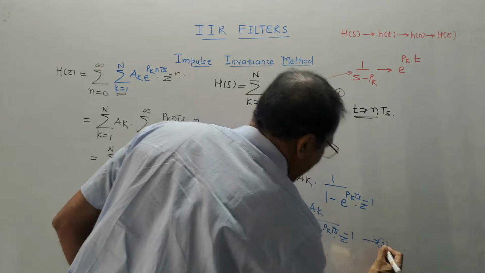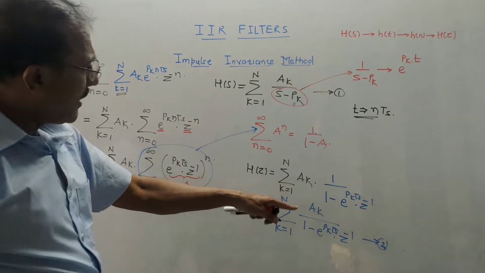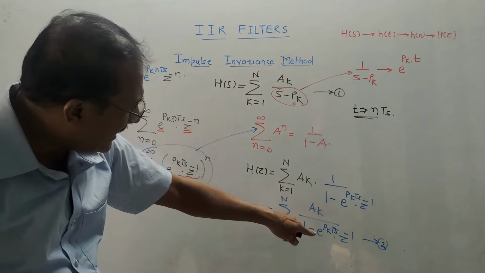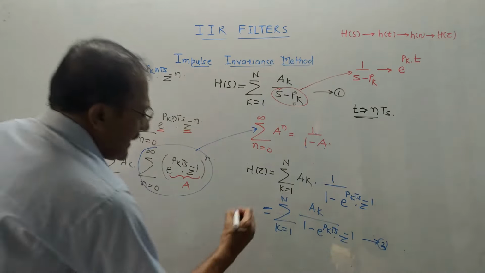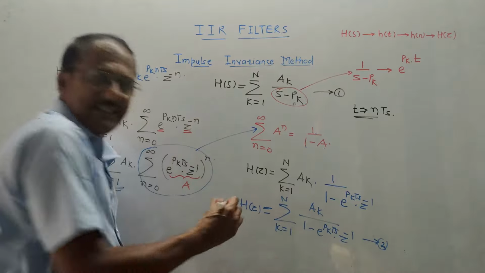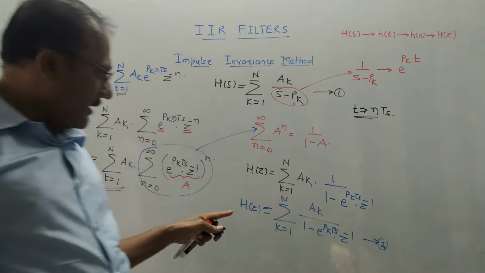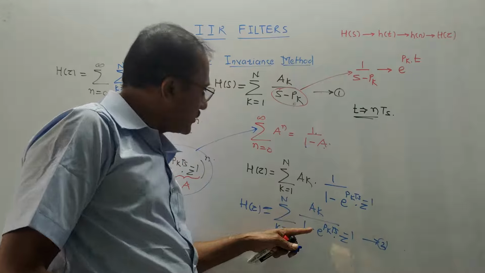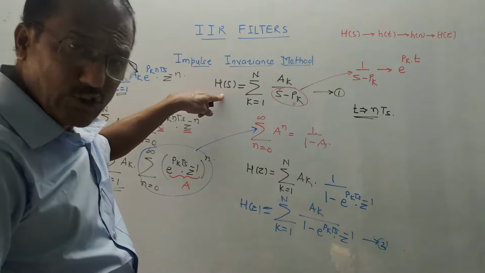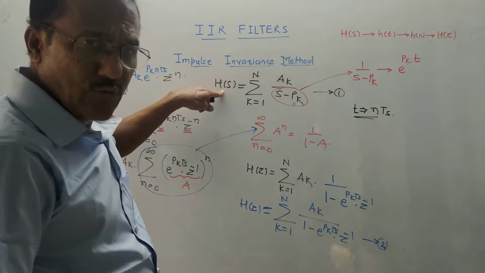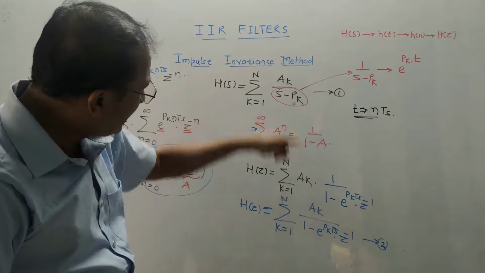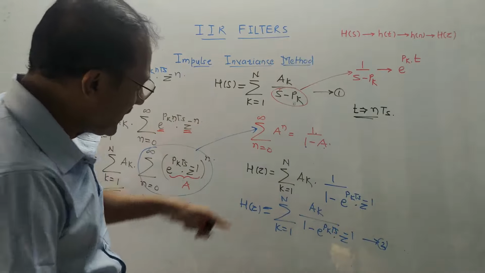If you compare equation 1 and equation 3, equation 3 is the equation of h of z. That means it is the designing equation in z domain using z transformation. Equation 1 is in Laplace domain, that is designing equation for analog filter. So if you compare these two equations, what's the difference?